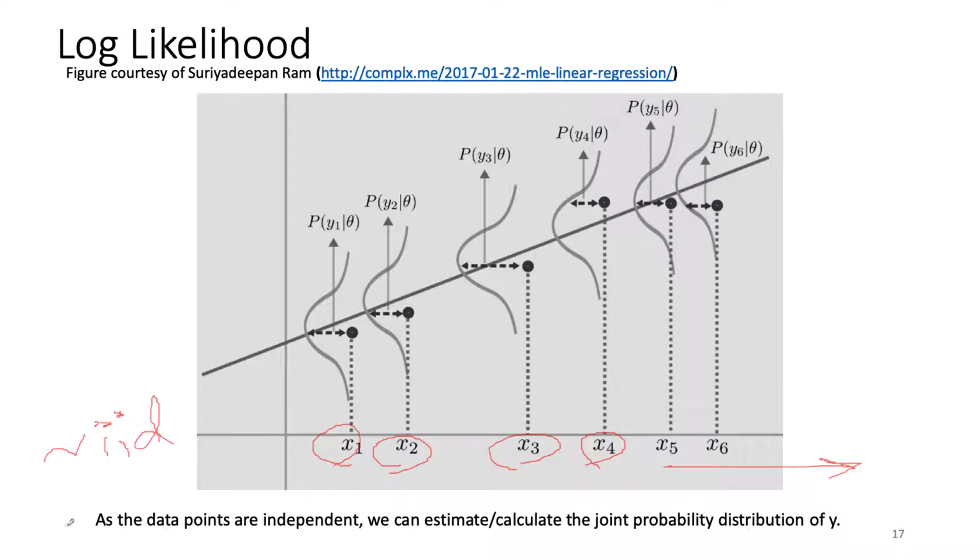The first I is independent, and the second I is identical, so independent and identically distributed. So at each point, we can define that E_n using the log likelihood here.